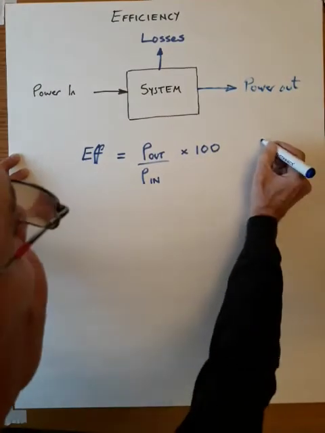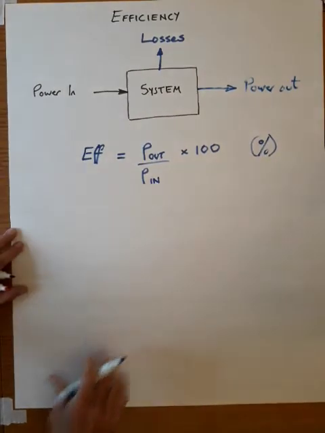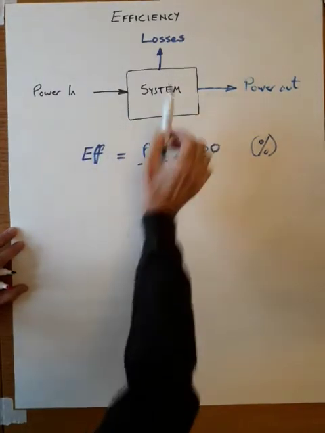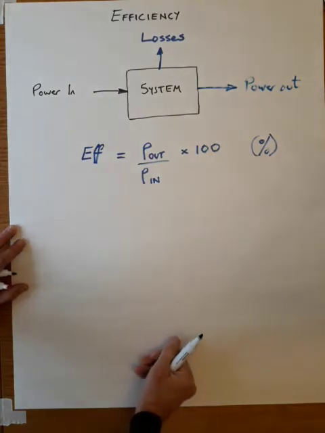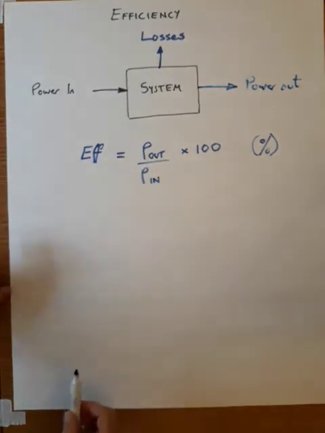That will give you the answer in percent. We're using power here. I've used power on the diagram there. But we could talk about energy. We could do this in joules or other quantities, but power is the most common one, certainly for us.